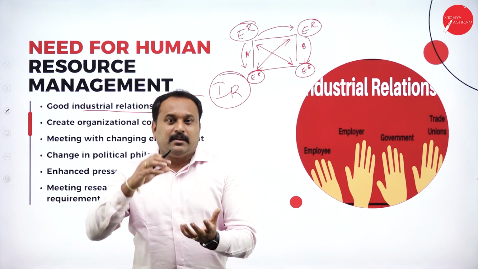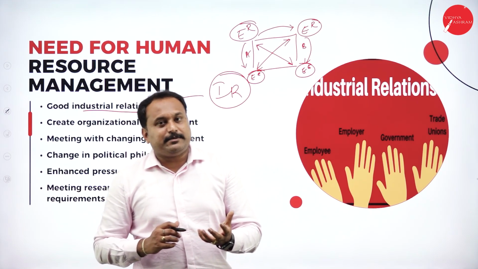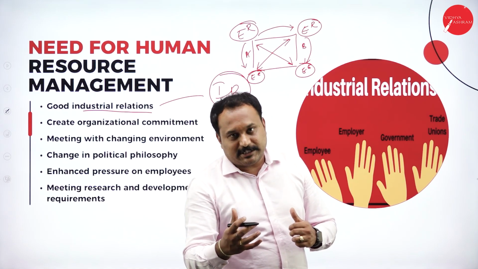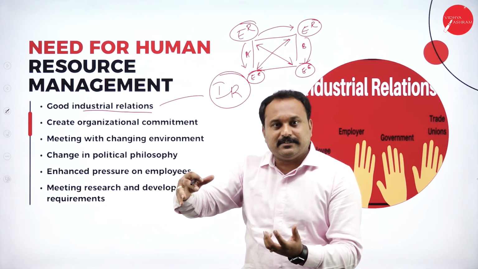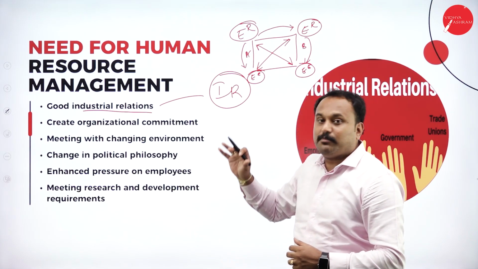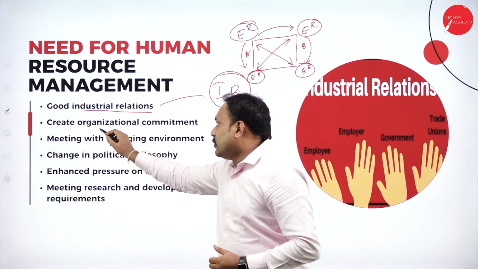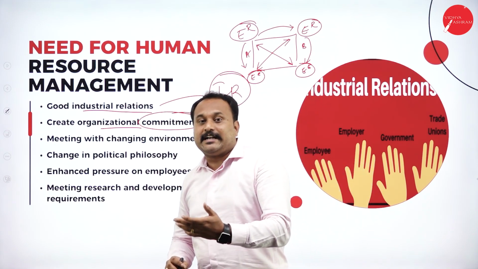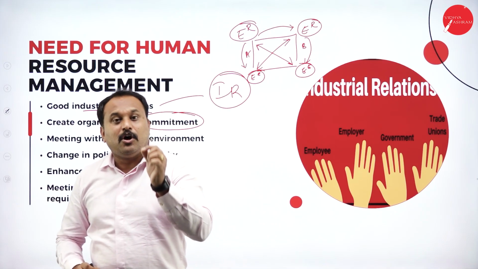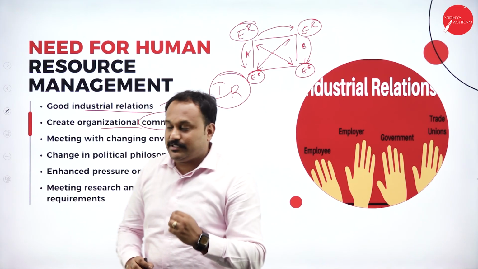That is, the objective of human resource management is what? Organizational objective is there, personal objective is there, societal objective is there. Same way, when we have these objectives, that will create an organizational commitment. That is, we will work for the organization, plus the organization will also work for us.